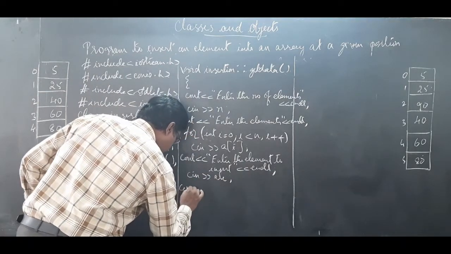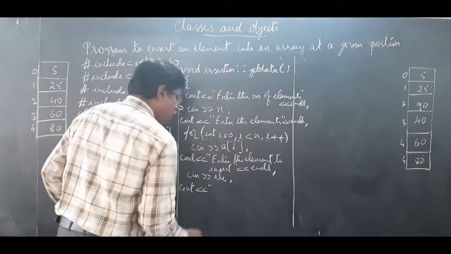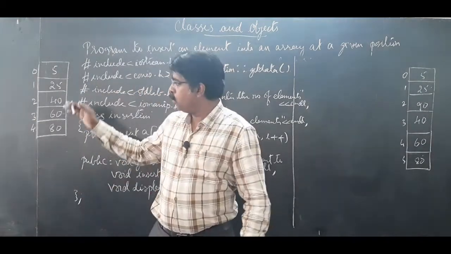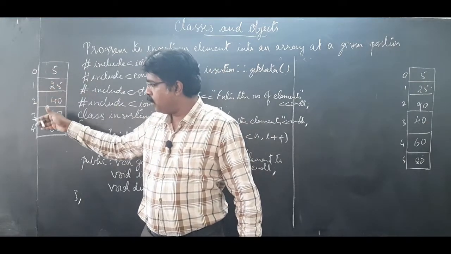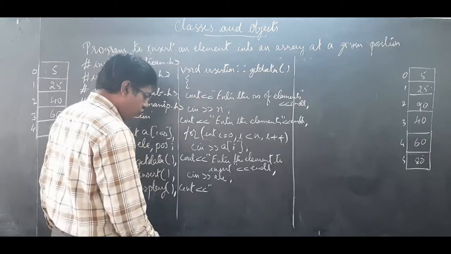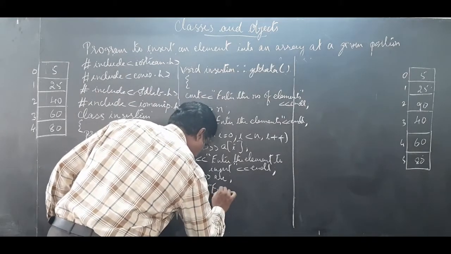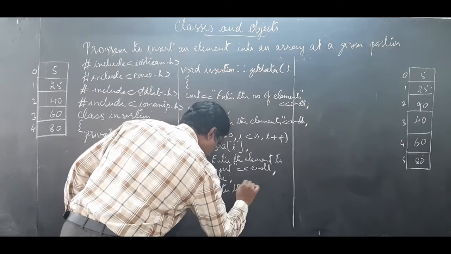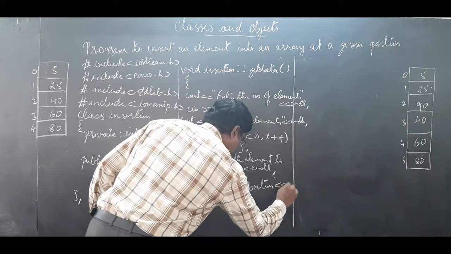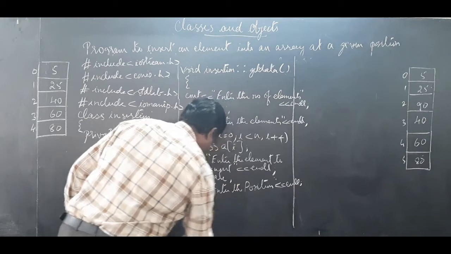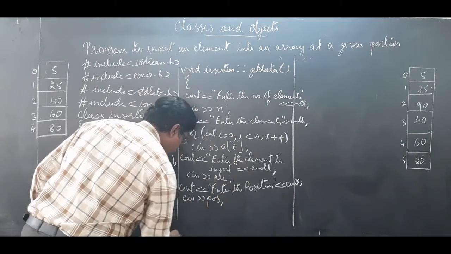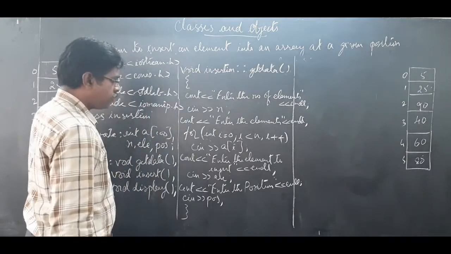Then enter the position to insert. Which position? As I said before, it could be 0, 1, 2, 3 or 4. Any of the positions less than n's value. So enter the position. Then I say endl, cin pos. Then I close the flower bracket.